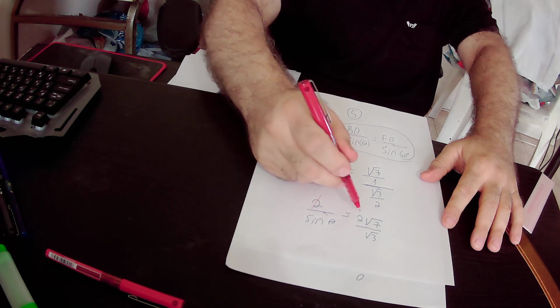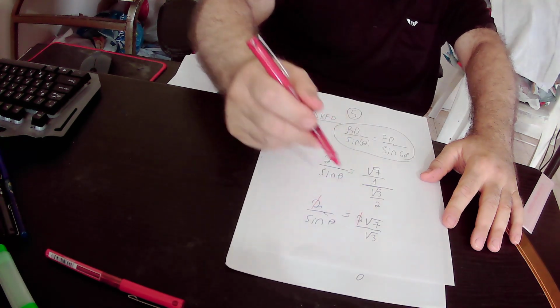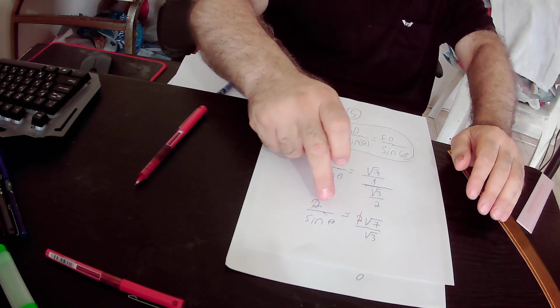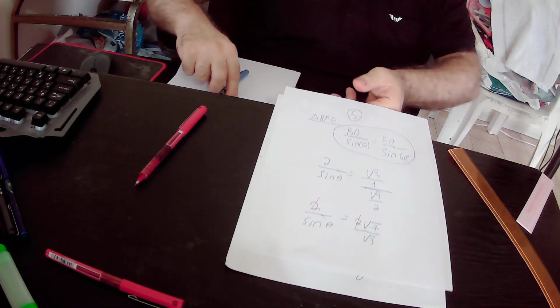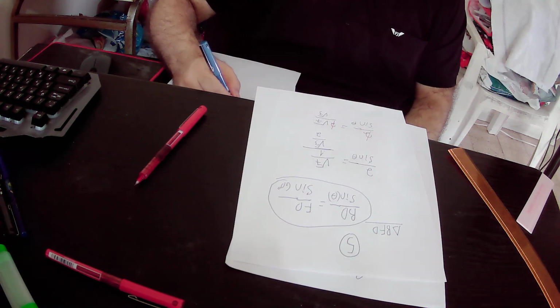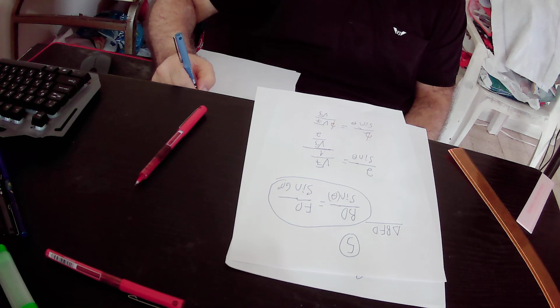So 2 can be cancelled. Then we will multiply this equality by sine theta. We will get that 1 equals sine theta times root 7 over root 3.